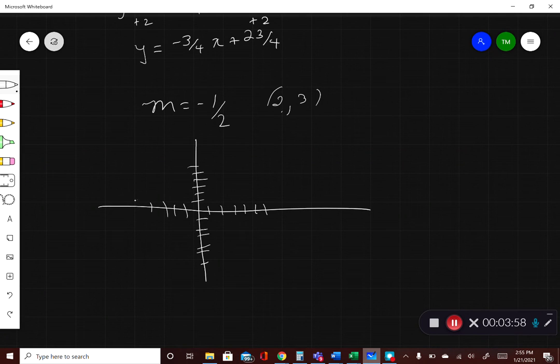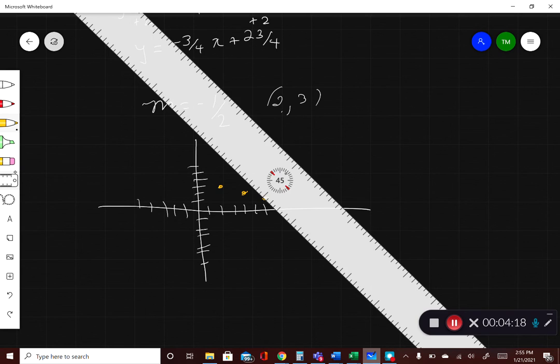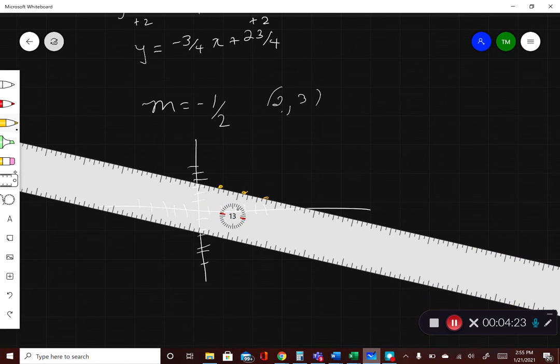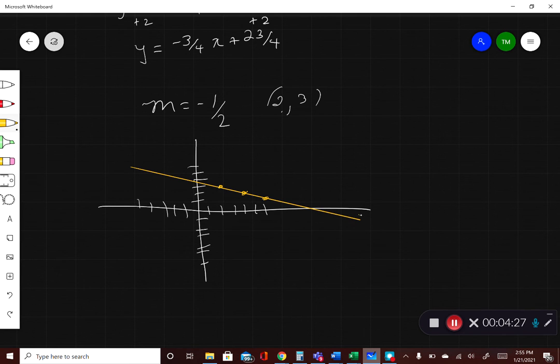Those are not very equally spaced, but you'll get the idea. Okay, so we're going to start at the point 2, 3. So over 2, up 3. That's one point on our graph. The -1/2 means we're going to go down 1 and over 2. We could do it again too if we wanted just to continue that. And I'm going to actually use my little ruler tool this time, and we are going to draw our line in. And this is our nice line right there.